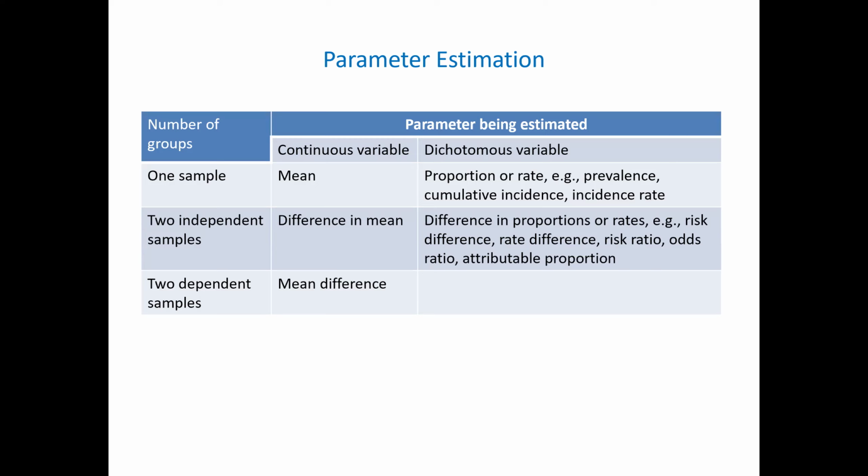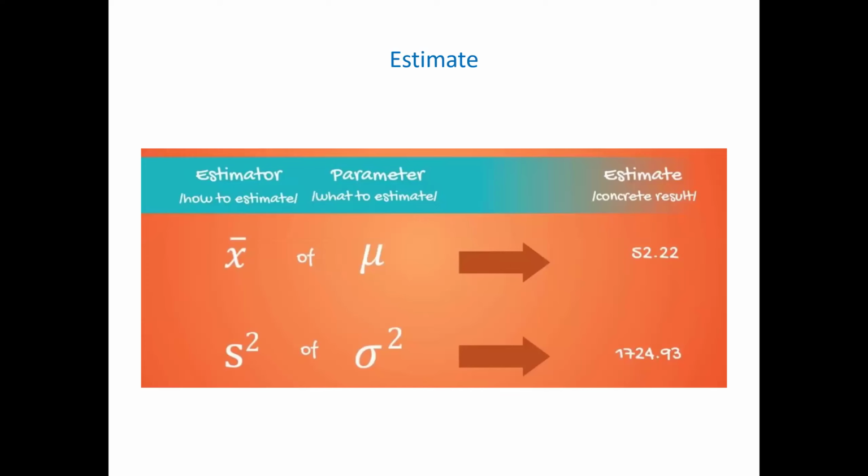If it is two samples, you say difference in the means. If you are dealing with a categorical variable, you have proportion, rate, prevalence, incidence, difference in proportion, risk ratio. All those things are related to categorical variables.